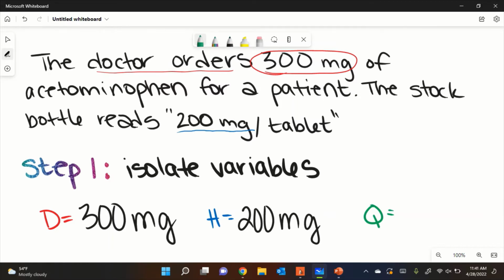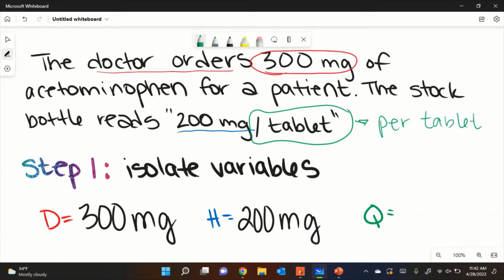This leaves us with Q. Remember that Q is always a volume. It's always an amount of medicine that you have to consume in order to consume our dose on hand. So it's always going to be a volume of liquid or a number of tablets. In this case, what we have here is this slash and then the word tablet. We can rewrite this as per tablet.